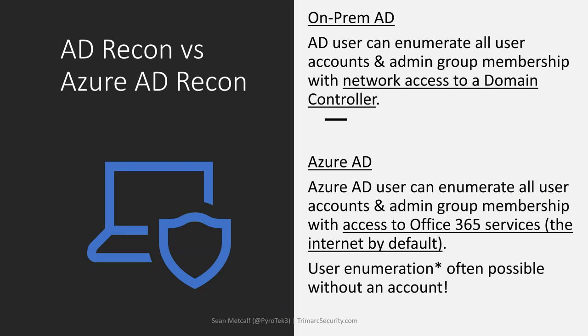With Azure Active Directory, this enumeration could be performed with an account once the person has access to all the Office 365 services, which is the internet by default. And what's really interesting about this is user enumeration is often possible without using an account at all.